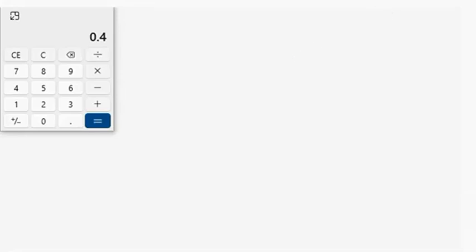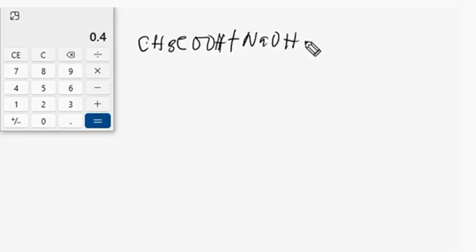So we are simply going to write the equation of the reaction, and that's ethanoic acid here reacts with sodium hydroxide to yield sodium ethanoate and water.